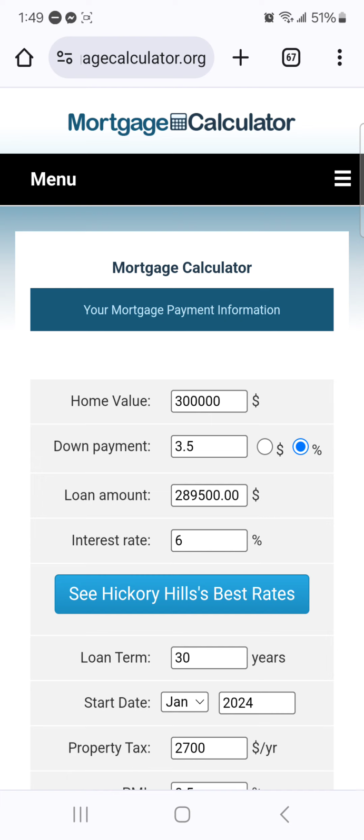The reason being is because taxes play a big part in it as well. When a lender gives you a pre-approval for, let's say, 300K, they're calculating the taxes at an estimated amount.